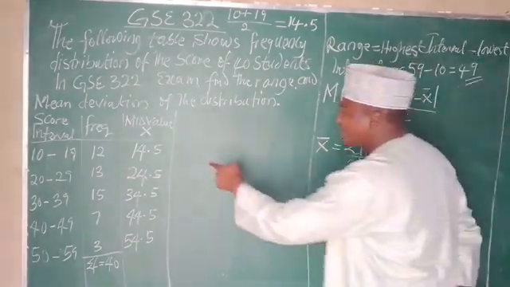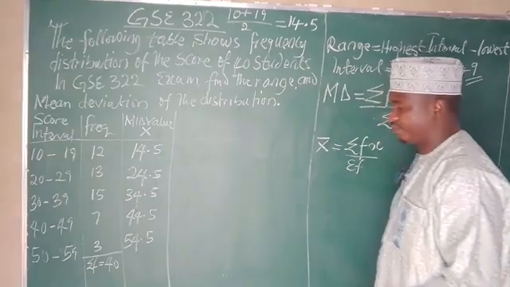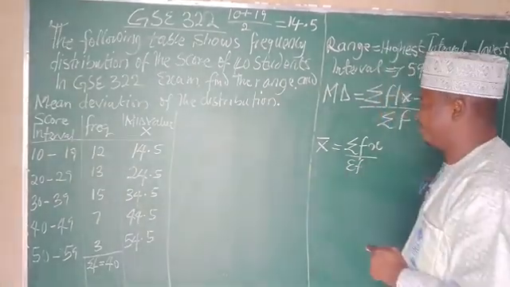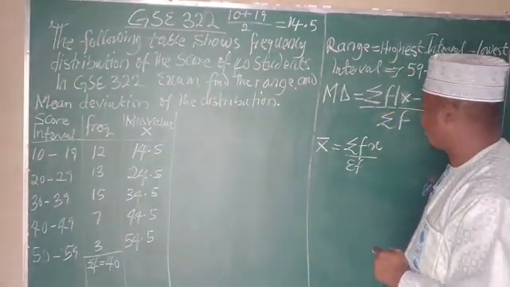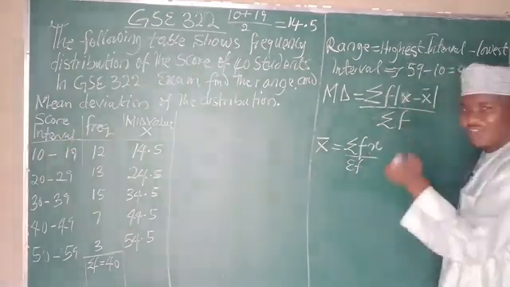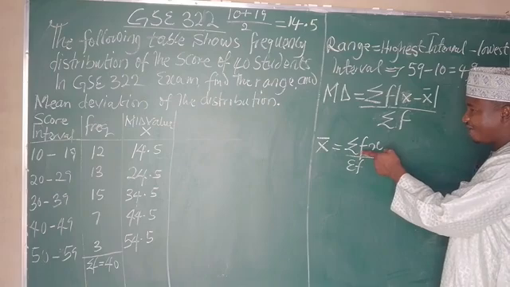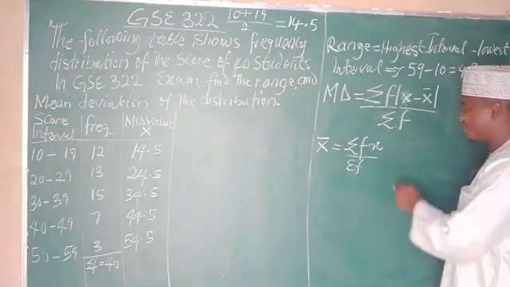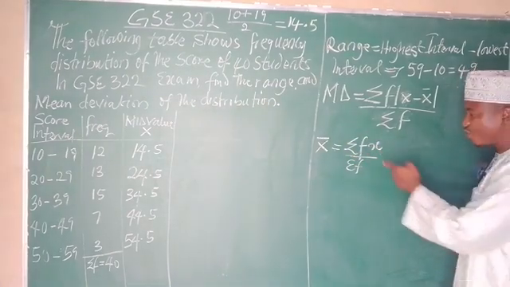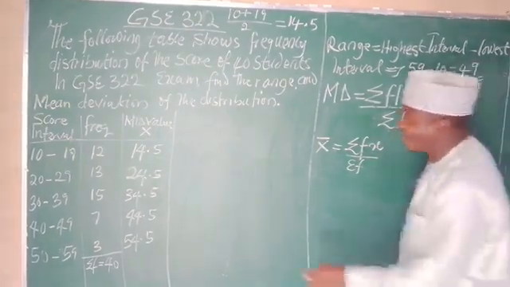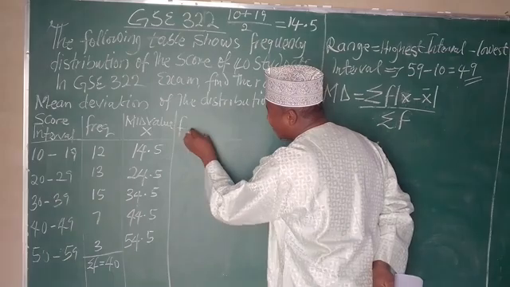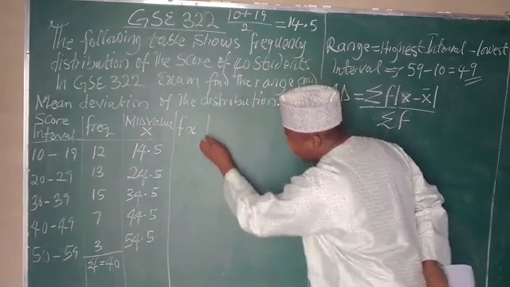We have gotten our mid value. So now what next? You see, in our effort to find the mean, we have f on the table, which is the frequency, and now we have x. But we don't have fx. Therefore, we have to look for fx.